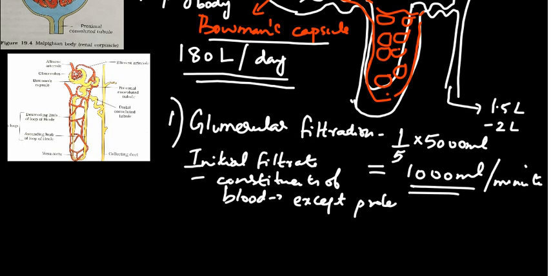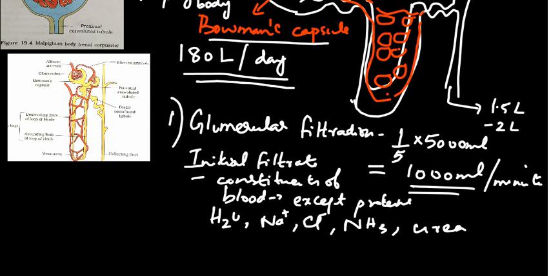So they will have water, minerals like sodium, chloride, ammonia, urea. They will have all the constituents, even amino acids will also be present. From this initial filtrate, later the blood will reabsorb them back.